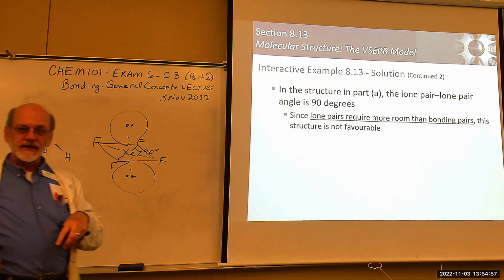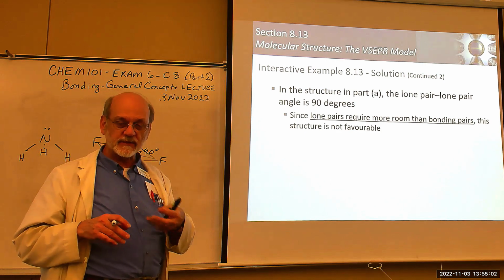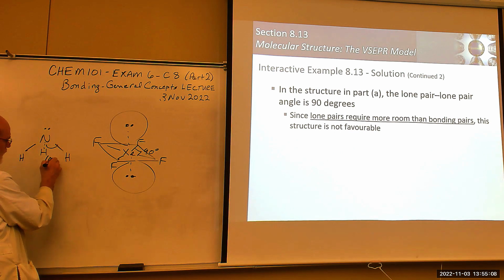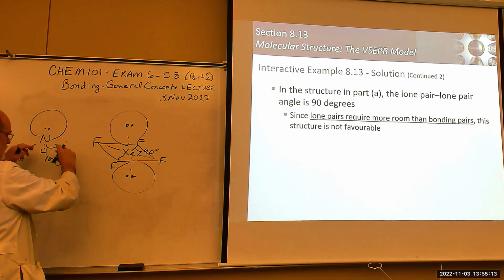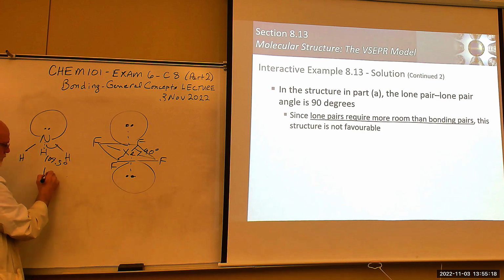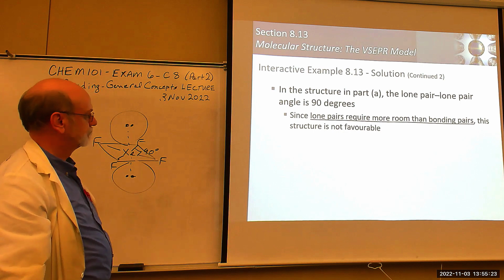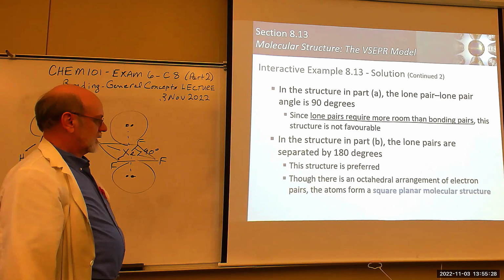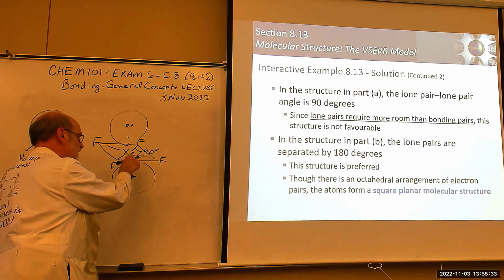It starts out as an electronic structure of a tetrahedron, and the bond angle in that case we would expect to be 109.5 degrees. But this balloon right here puts pressure on these electrons and the bonds to squeeze it down, so the bond angle is closer to 108 degrees. Okay, so square planar molecular structure is preferred for this molecule.